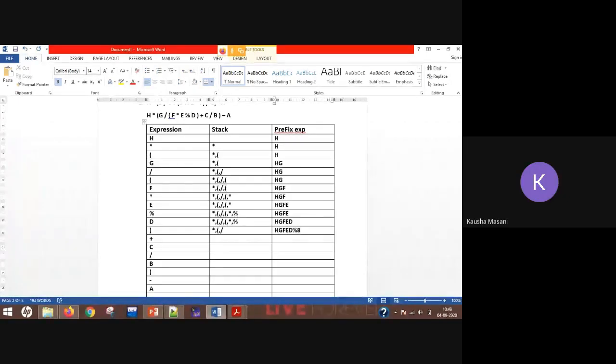Don't reverse here, okay? Otherwise the answer will be entirely wrong. Fine. Now here. Star, opening parenthesis, divide and plus. Why divide and plus? Divide has higher precedence than plus. Yeah, plus and divide. See students, be very careful. That's why I said carefully do this evaluation.